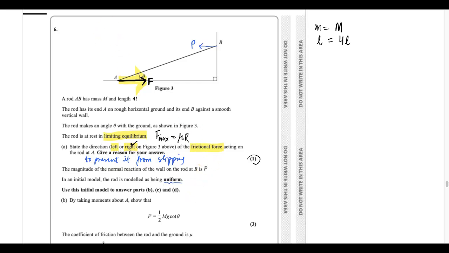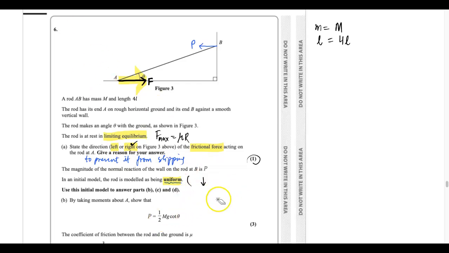When it is uniform, that means we have the center of mass acting at the middle point. So when we draw it, the weight will act at the midpoint.